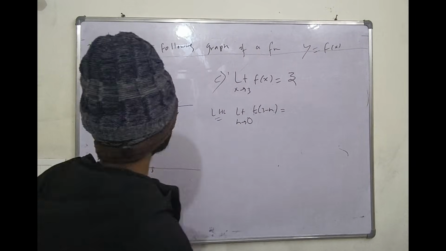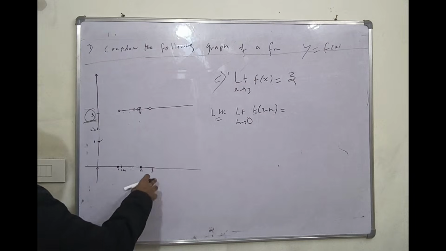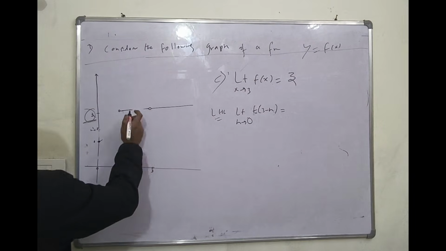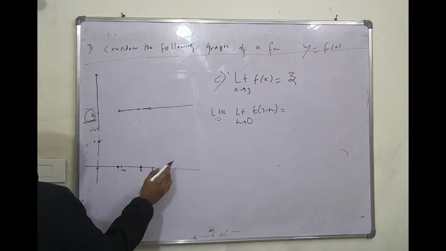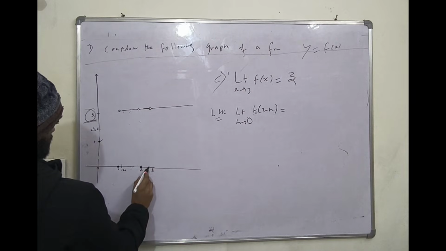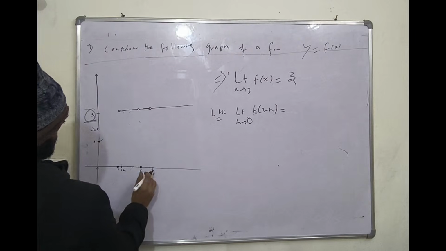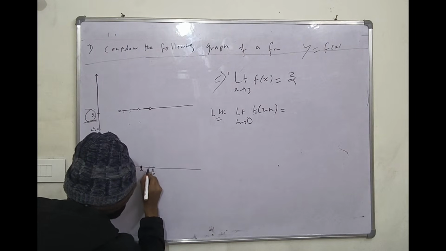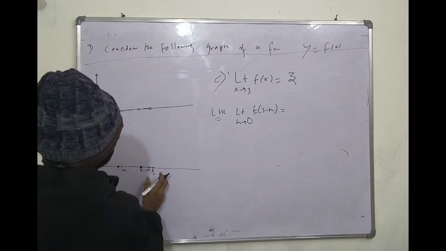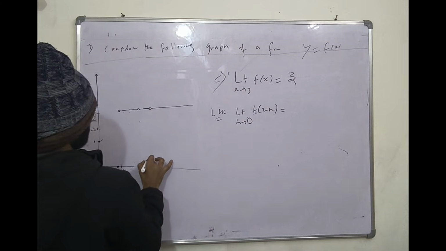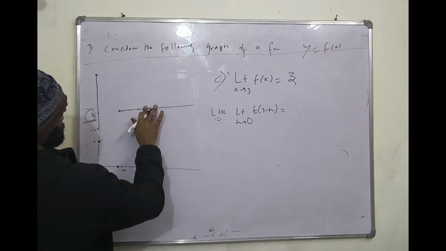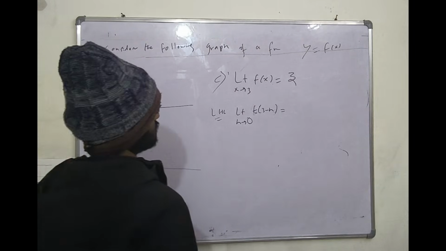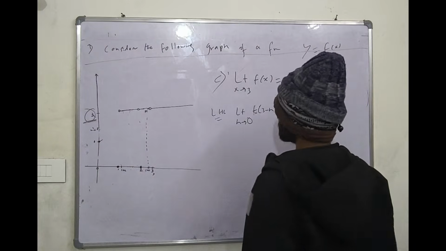So this is 3 minus h, this is 3, and 3 minus h might be here, just less than 3, and the corresponding y value is 3.